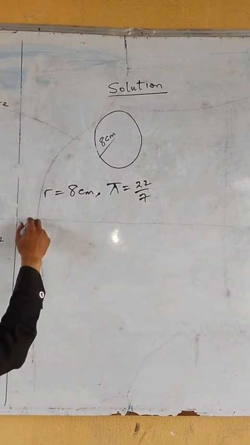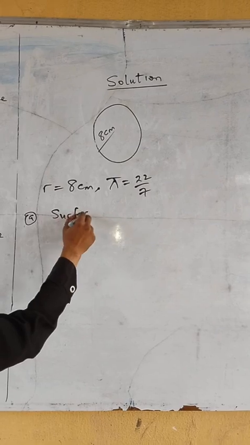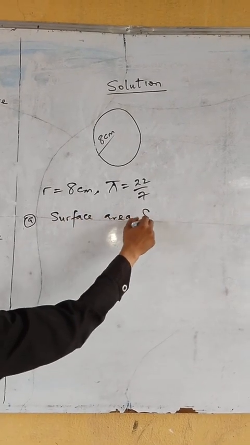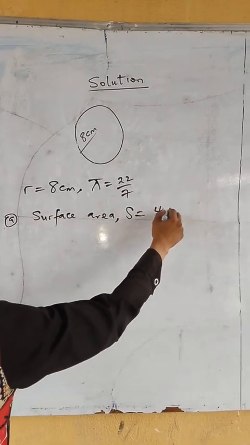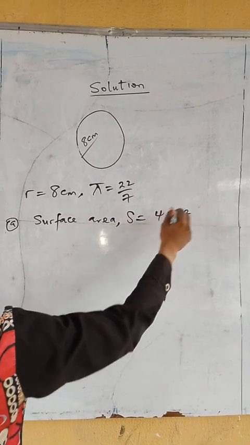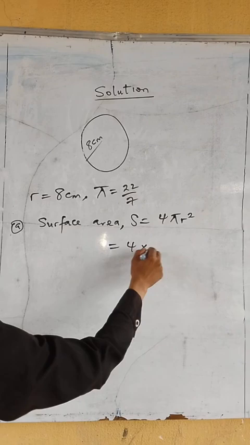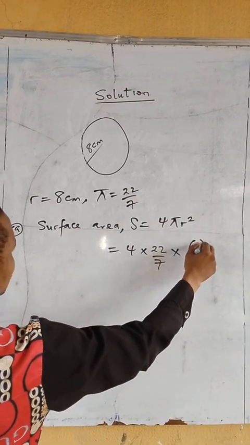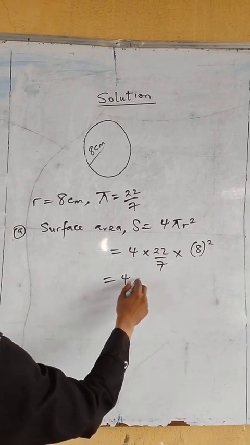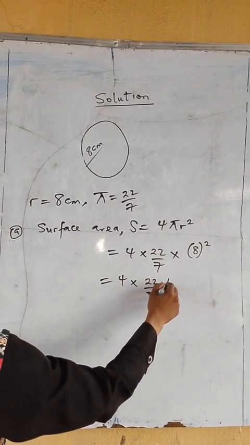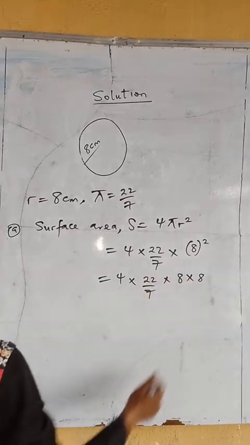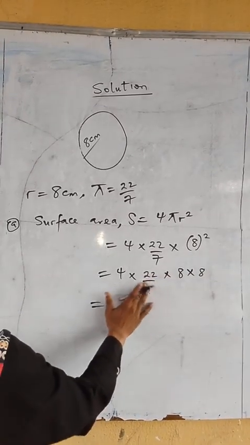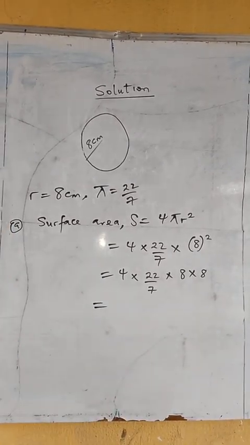So the surface area, denoted with S, is equal to 4 pi r squared. So we are going to have 4 times 22 over 7 multiplied by 8 squared. And don't forget that will be 8 times 8, which will give us 64. So we are going to multiply the numerator first. Bring your calculator now.